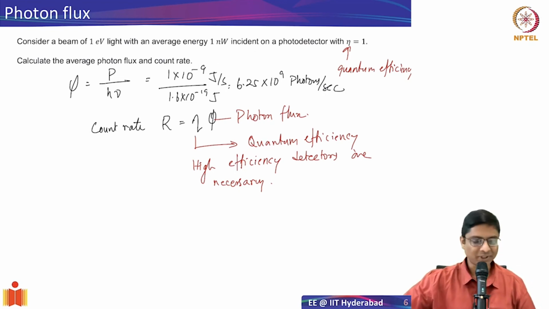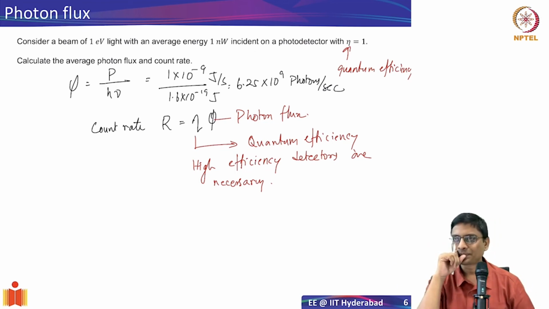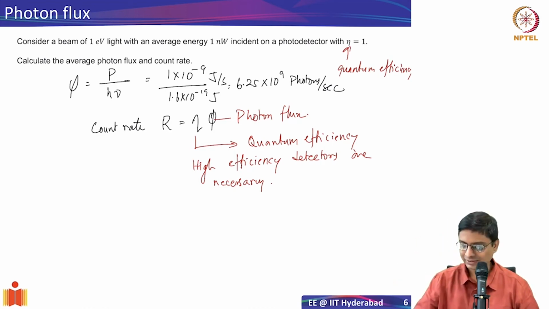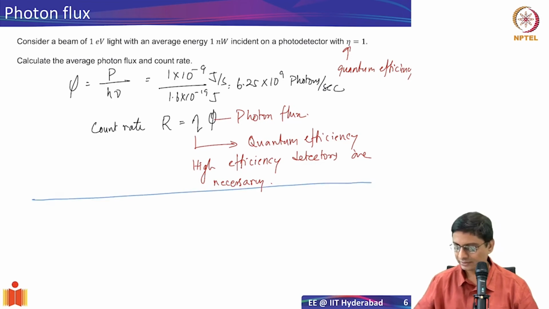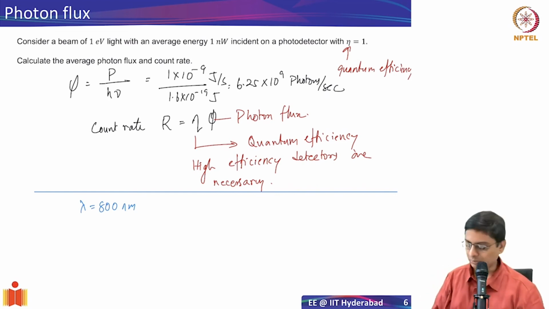Let me take another example. Instead of this continuous laser, what will happen if you have a pulse laser? Let me change it up: I have 800 nanometer light with 1 milliwatt power.